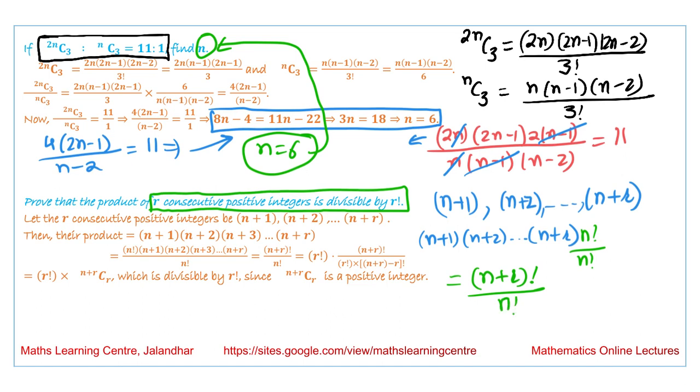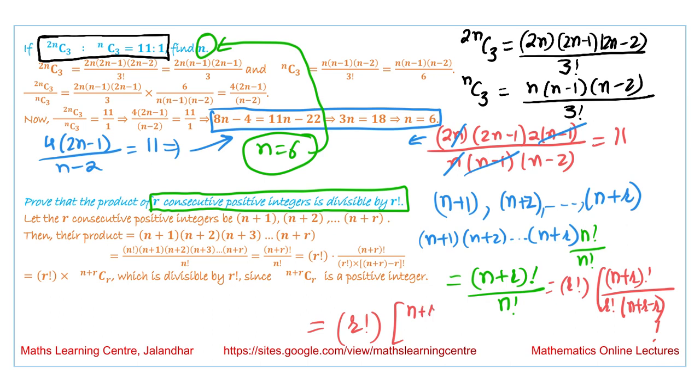And this value comes out to be r factorial into n plus r factorial divided by r factorial into n plus r minus r factorial. And this term is equal to r factorial into n plus r C r, and clearly this value is a positive integer.